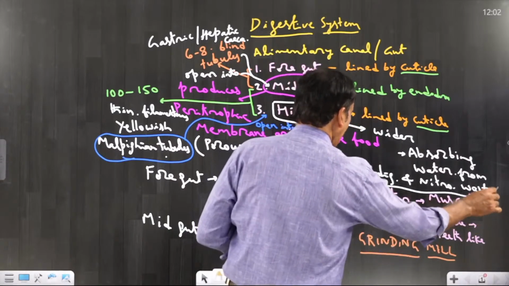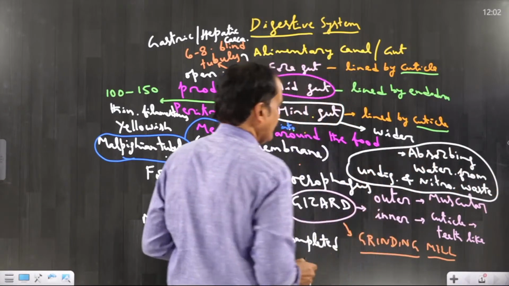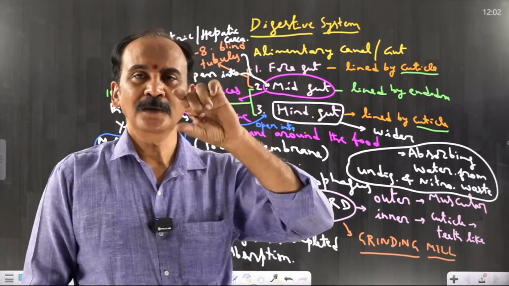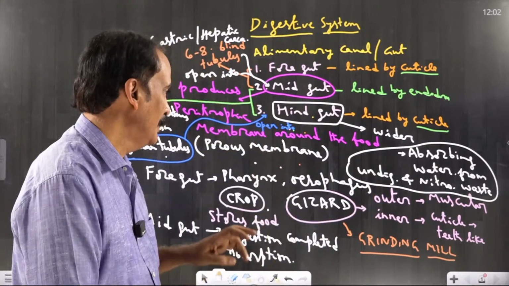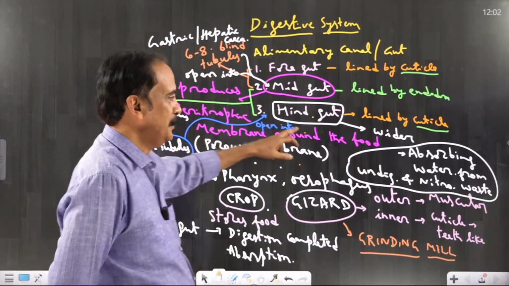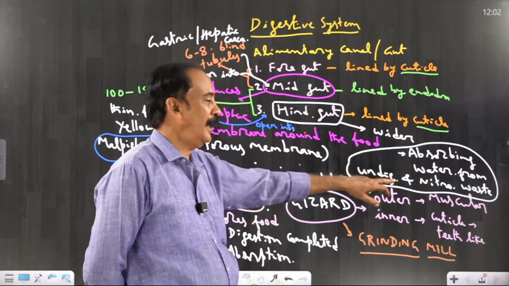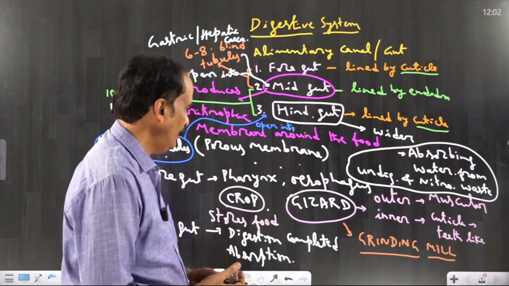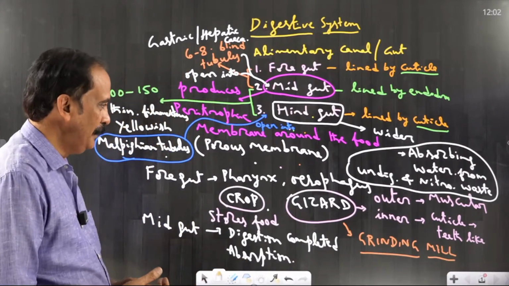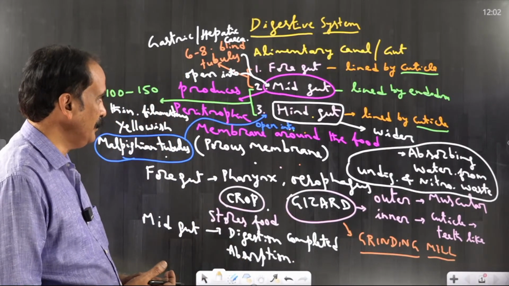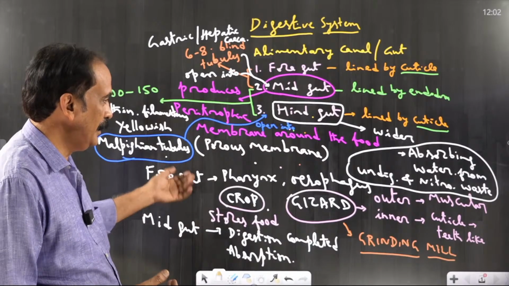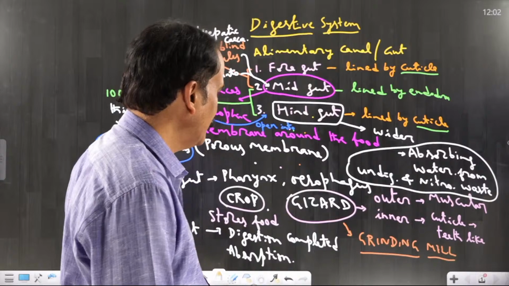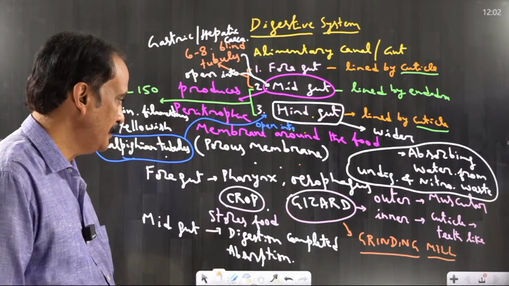The large intestine, okay, is somewhat having the wider lumen. The hindgut helps in absorbing water from undigested as well as nitrogenous waste. So, these are the things you need to remember related to the digestive system, along with the structures connected with the alimentary canal and their functions. Okay.